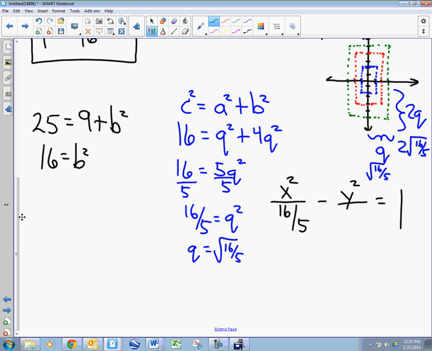We'll deal with the fraction in a second. How far is it stretched vertically? 2 times the root of 16 over 5. Square that, you get 4 times 16 over 5, which is 64 over 5.